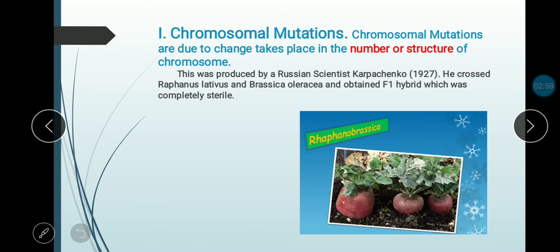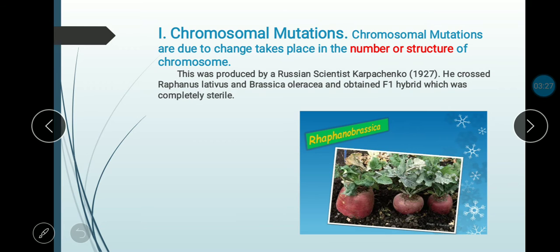The well-known example is a plant, Raphanobrassica. This was produced by a Russian scientist in 1927. He crossed Raphanus sativus and Brassica and obtained an F1 hybrid variety. This F1 plant is sterile.